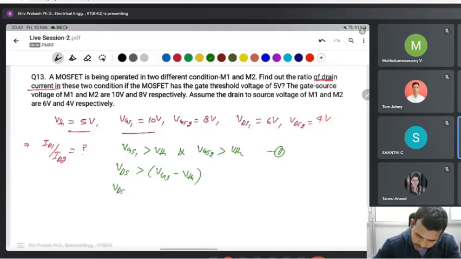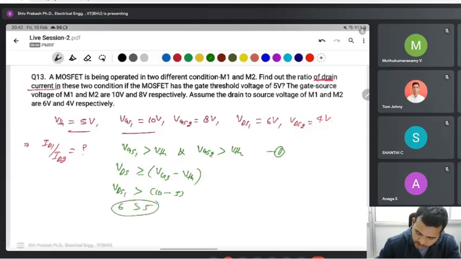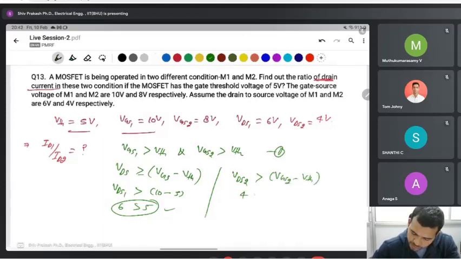VDS1 greater than or equal to VGS1 minus VTH: VGS1 is 10 volt, 10 minus 5 is 5, and 6 is greater than 5, which is true. And VDS2 should be greater than VGS2 minus VTH: VDS2 is 4, which is greater than 8 minus 5, which is 3.